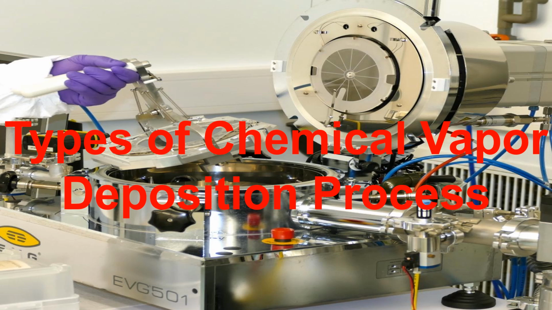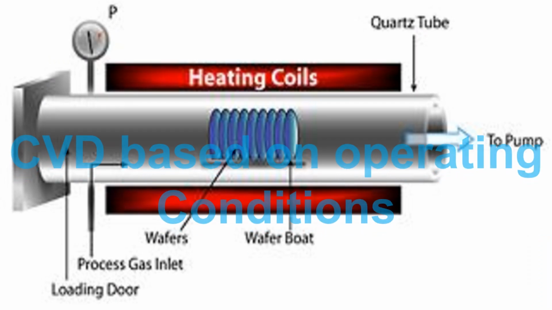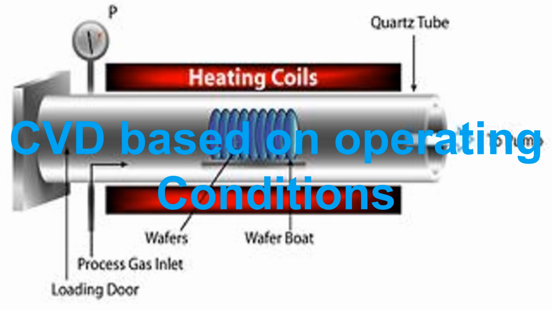However, if you want in-depth information about the types of chemical vapor deposition processes, you can follow our further lectures. So, on the basis of operating conditions, you can classify chemical vapor deposition process into three main types.